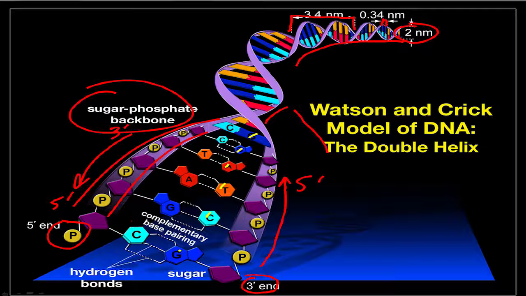When I say non-predictable, I mean it's not just always GCTA, GCTA, GCTA. It can be any sequence. There are some constraints we'll talk about later, but that's how the information is encoded.